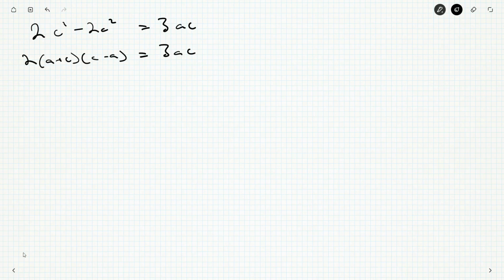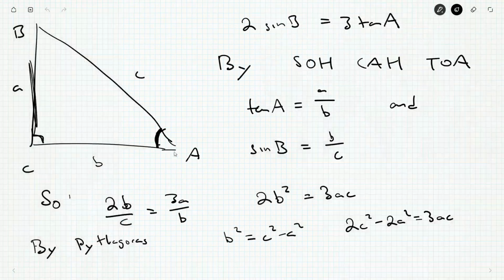Additionally, I need angle A. How am I going to get angle A if I'm just messing around with these side lengths? What can I do? I've got to somehow argue it down to some sort of nice, neat ratio.